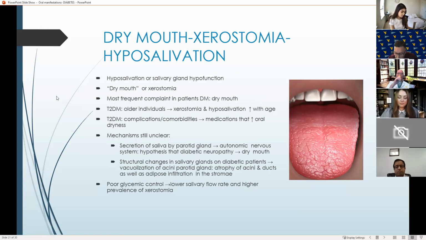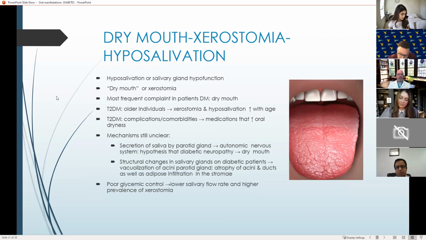Also, many patients with diabetes suffer from one or more complications and or comorbidities, for which they possibly receive different kinds of medications that increase the risk for oral dryness. So we have anticholinergics, antihypertensives, and tricyclic antidepressants, all of which we know can cause dryness in the mouth.